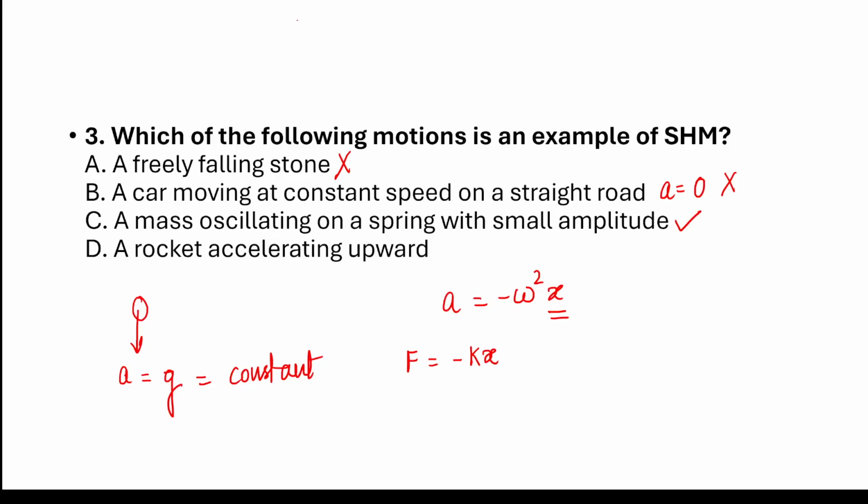Say because it's moving, so the rocket is moving upwards. Okay, yeah, bad drawing. My drawings are not very good. So if the rocket is moving upwards, acceleration is also upwards. So clearly acceleration is not opposite to displacement. So not right. So the only right answer here is C.